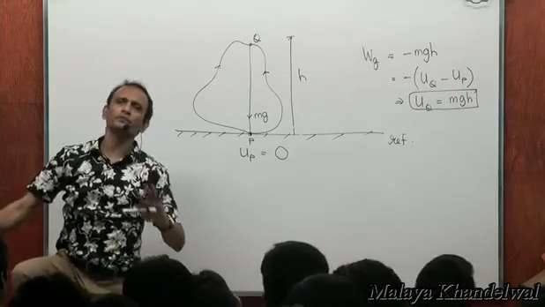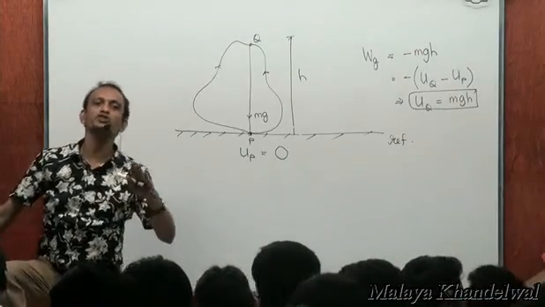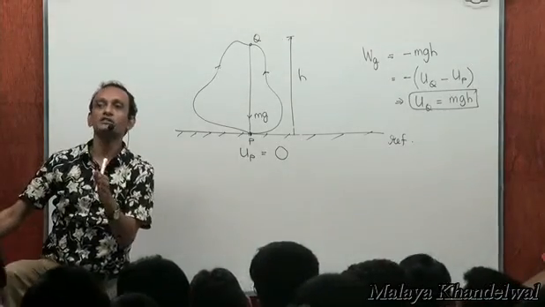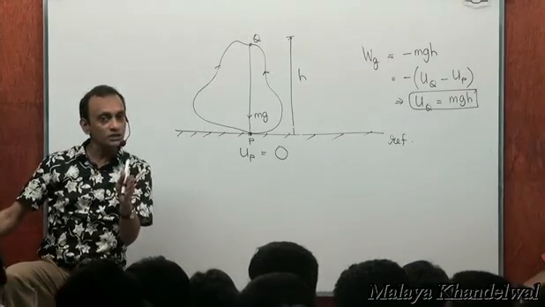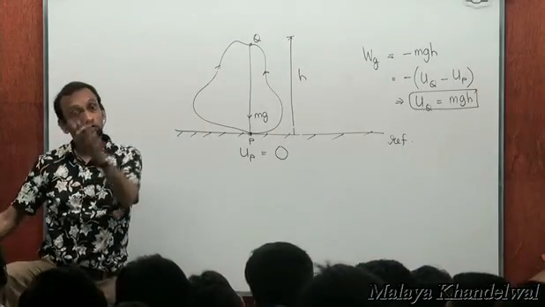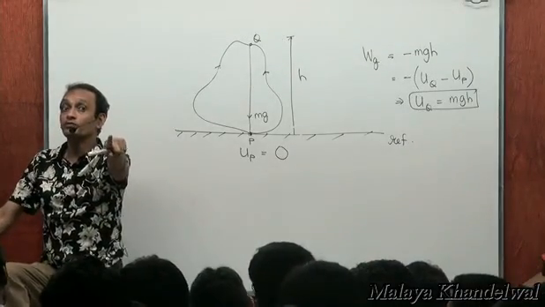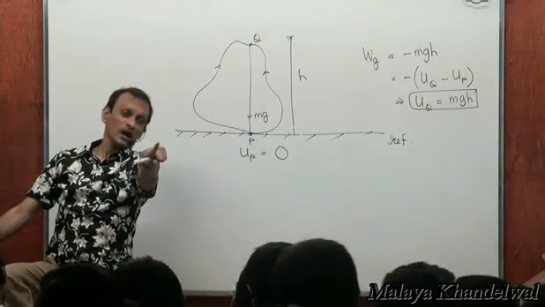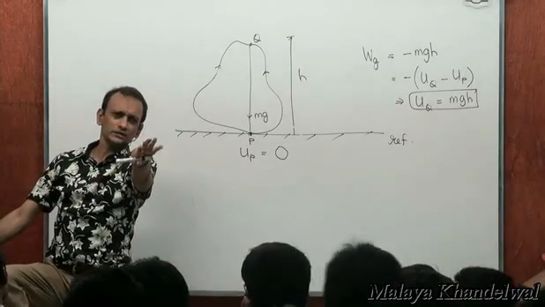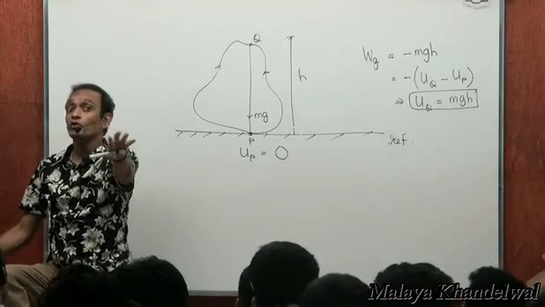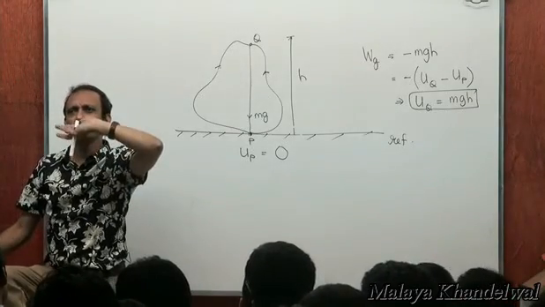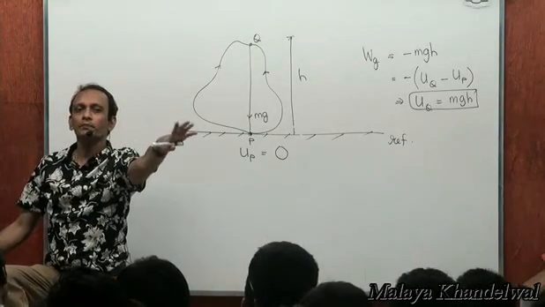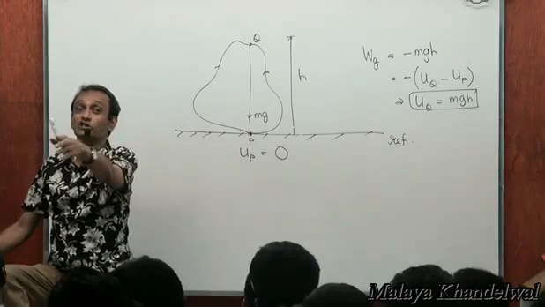Now, there are checks that we perform, in the sense we do calculations for an arbitrary path. If you have gone through my previous discussion, I calculated work done by some fields. For example, one of the fields was y i cap plus x j cap.